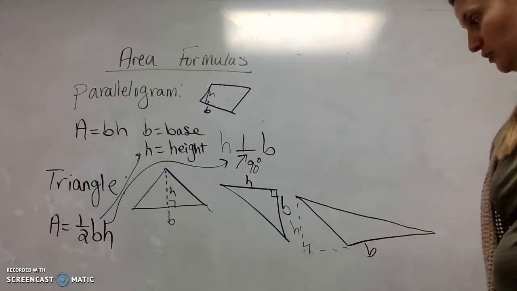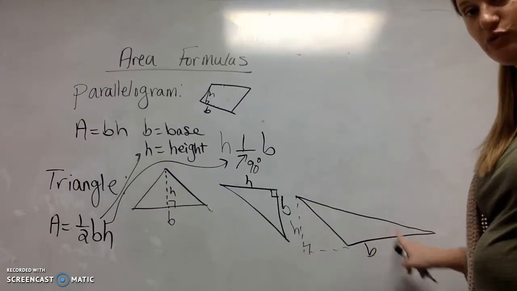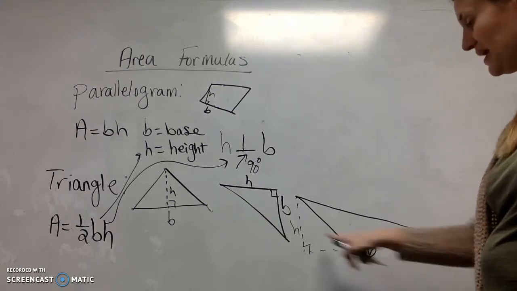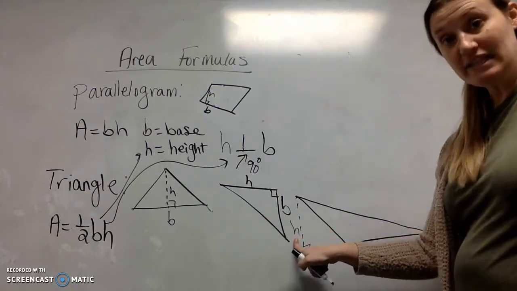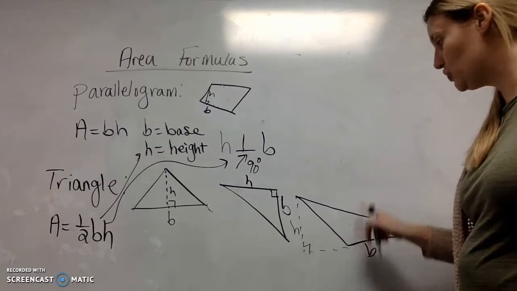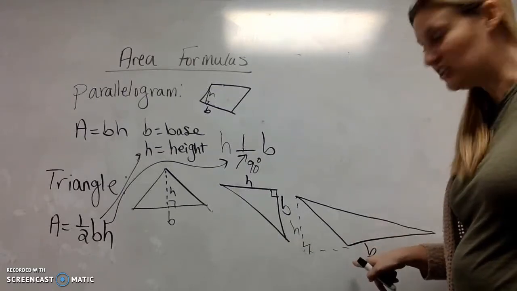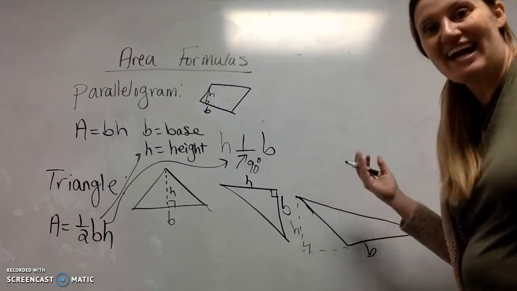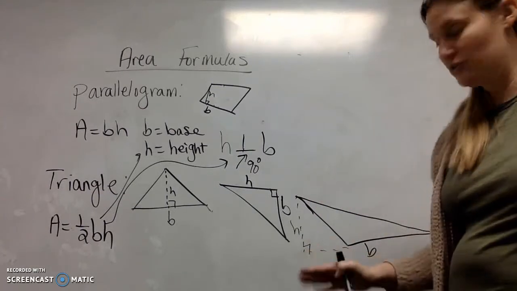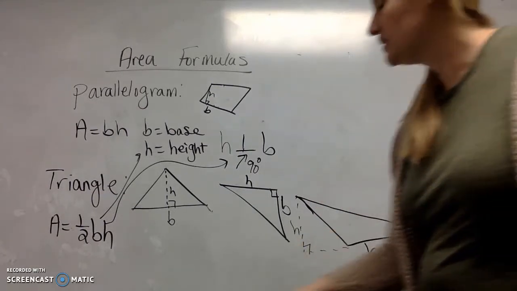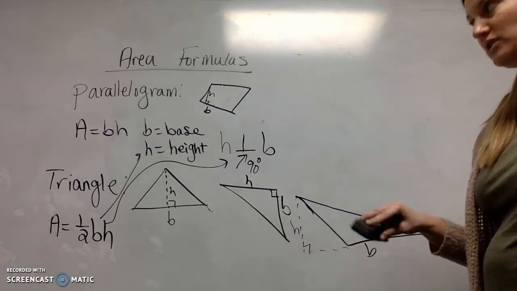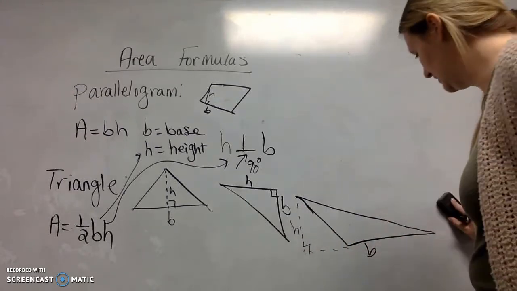This is still your base over here. If they give you a distance here, do not add these together. This is your base, your height is over here. The reason they draw it over here is it's too skinny to fit inside the triangle. I can't physically draw it inside the triangle, so I just draw it off to the side. That is a possibility of what you will see.